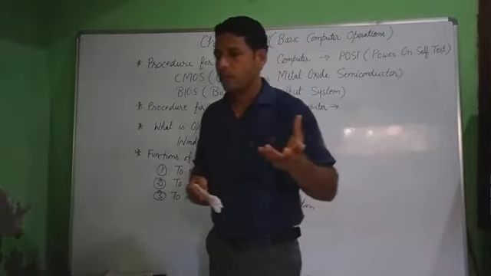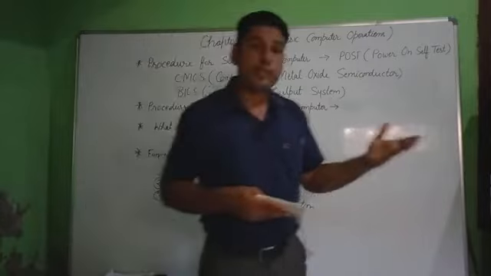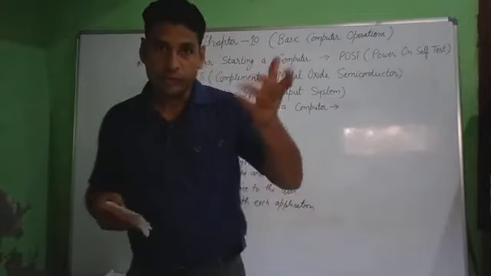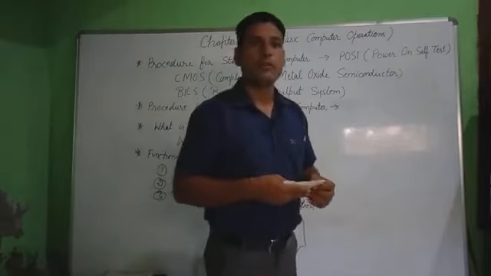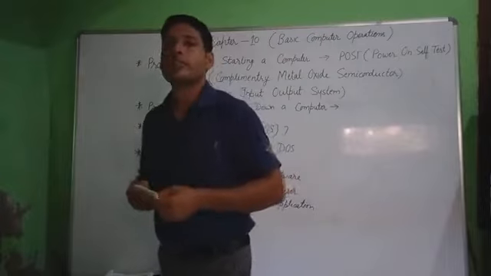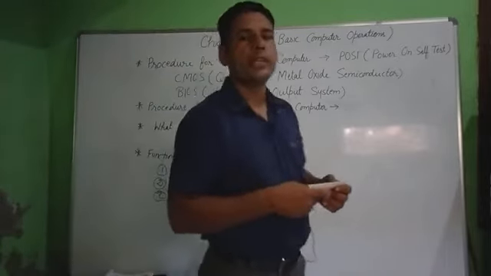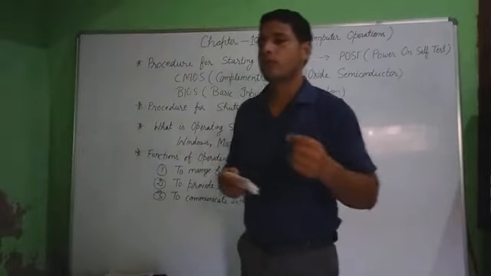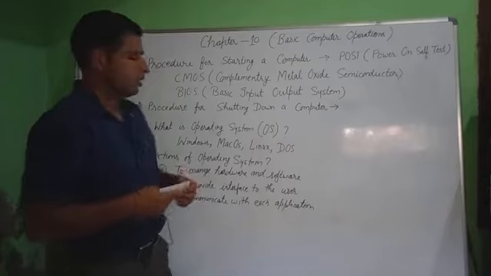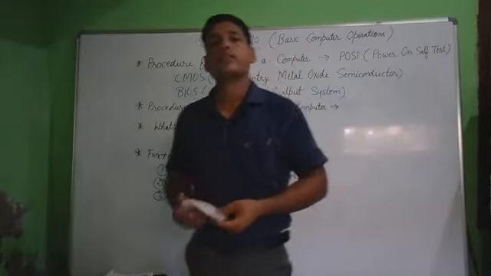Suppose an application is damaged or corrupted by a virus, it will show you a message. If any particular software is not working properly, a message will be displayed to you. So it will communicate with each and every application or software stored in your computer. So these are the basic functions of the operating system.